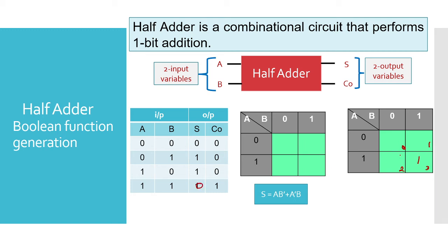Again you will find that no grouping is there, so you directly write the expression. A is 1 here and B is 1 here, so your C0 will be AB. This is my Boolean function for the carry out.